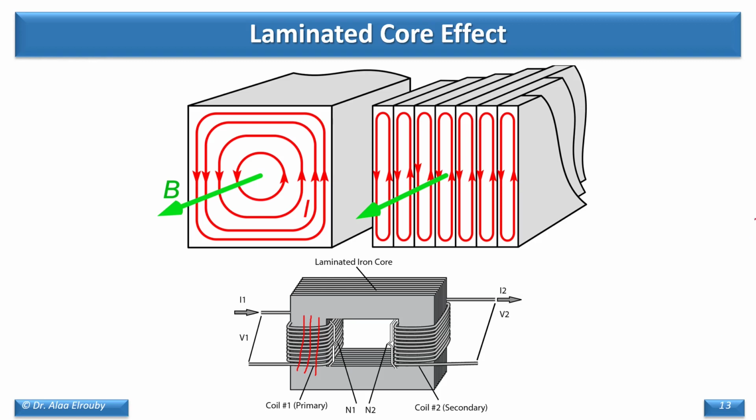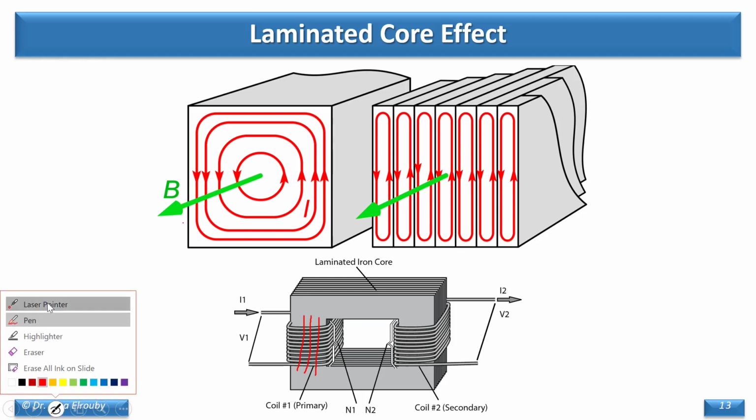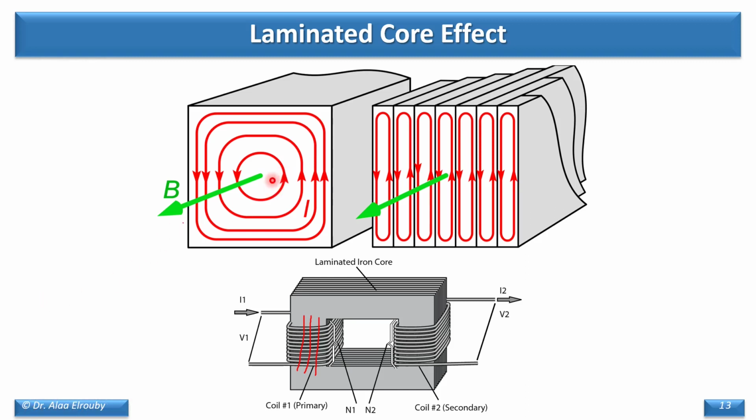If this is the core, there is a magnetic flux going in this direction, and this magnetic flux is varying with time. If you consider any of those loops, you will find that there is a time varying magnetic flux penetrating the loop, so there is an EMF that is circulating the current in this direction.